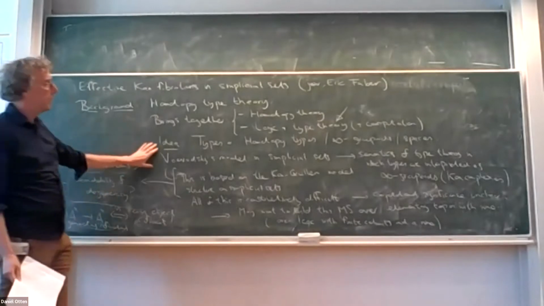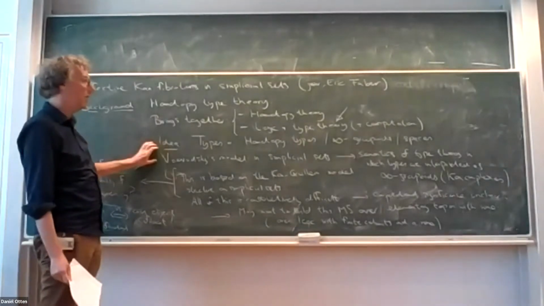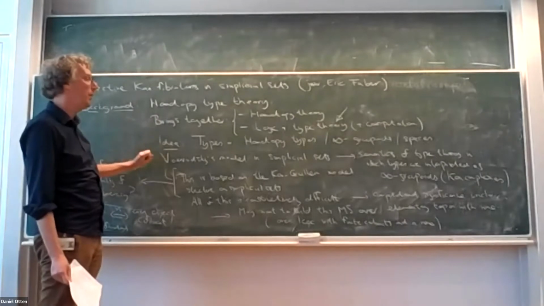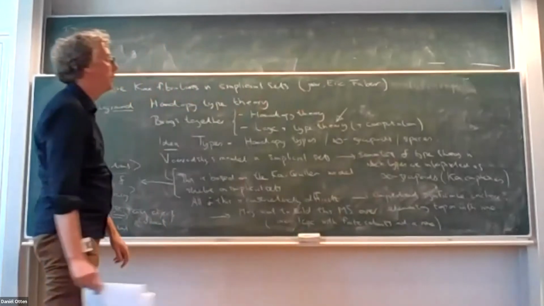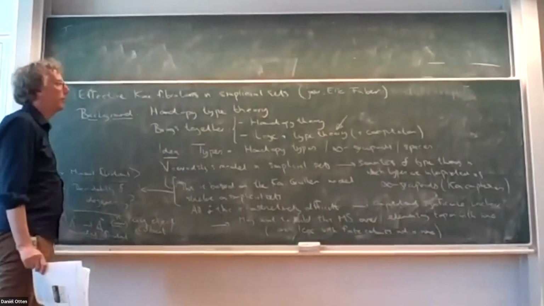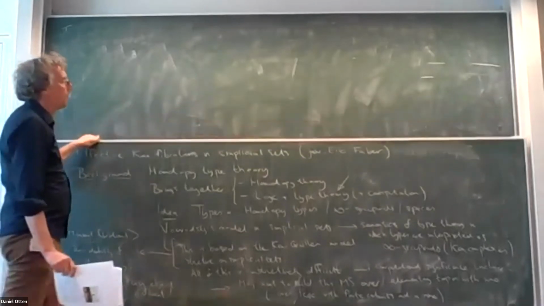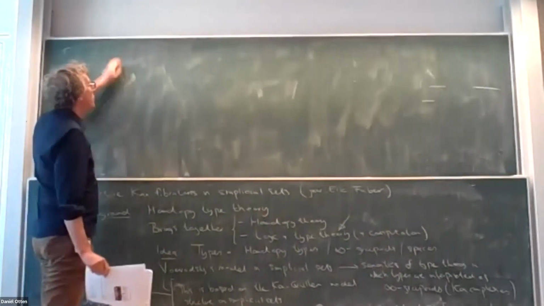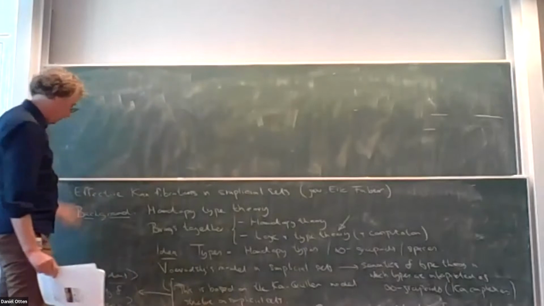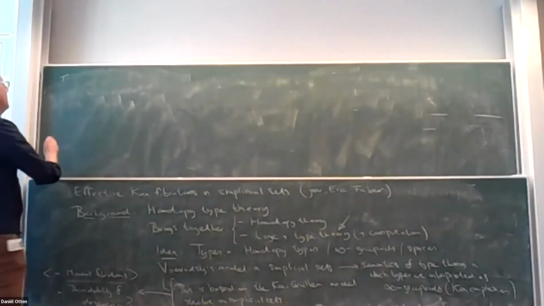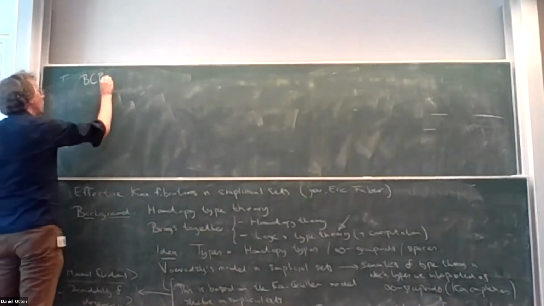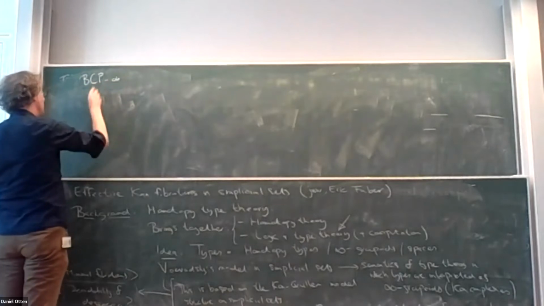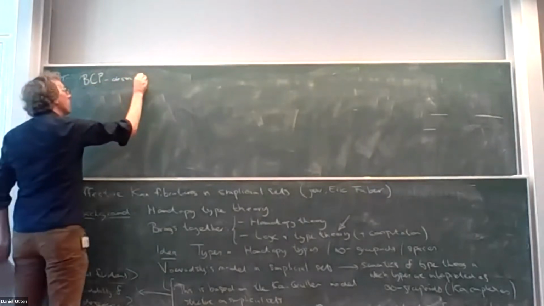So the idea of this model is that the types are interpreted as Kan complexes, and the dependent types are interpreted as the Kan fibrations. One thing that you might want to have, and that's not a problem in a constructive setting, is what I refer to as the DCP obstruction, after Bezem, Coquand, and Parmann.